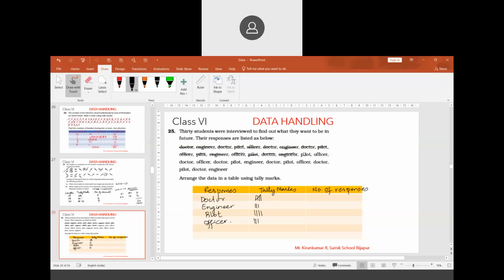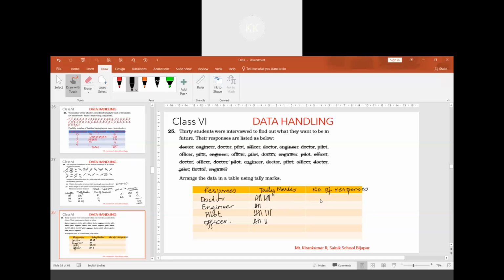Slant line. Engineer one, then pilot, then officer one, then doctor one, officer one, doctor one, pilot one, engineer one, doctor one, pilot one, officer one, doctor one, pilot one, doctor one, engineer one.